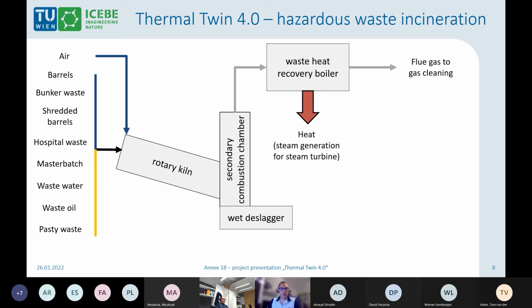This all will be fed together with the air into the rotary kiln and will be pre-burned in it, and afterwards post-burned in a secondary combustion chamber, and from there a hot flue gas will be produced, which goes to the waste heat recovery boiler to produce superheated steam for the steam turbine to produce in the end electricity and heat.